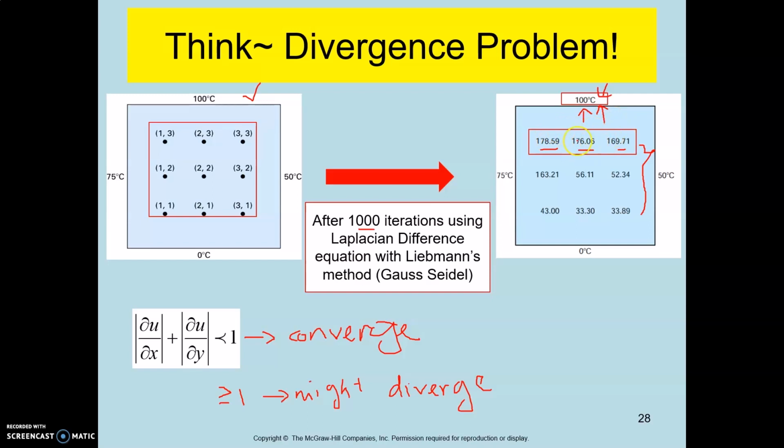This is the case you will face when the calculation diverges. It means the error is large and keeps increasing, far away from the true solution. So what can we do to solve this problem?